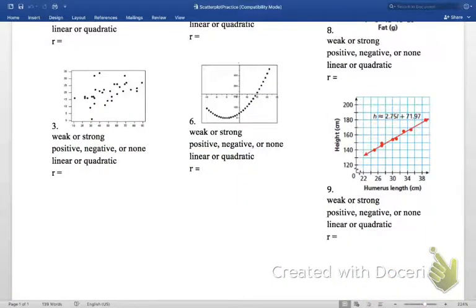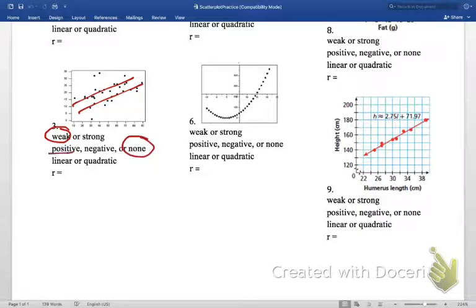All right, last 3 problems. Number 3, wow. Okay, let's see what we can do here. So we could draw a line going like this, somewhere in there, maybe. This is very, very weak. We could even go so far as to say none.